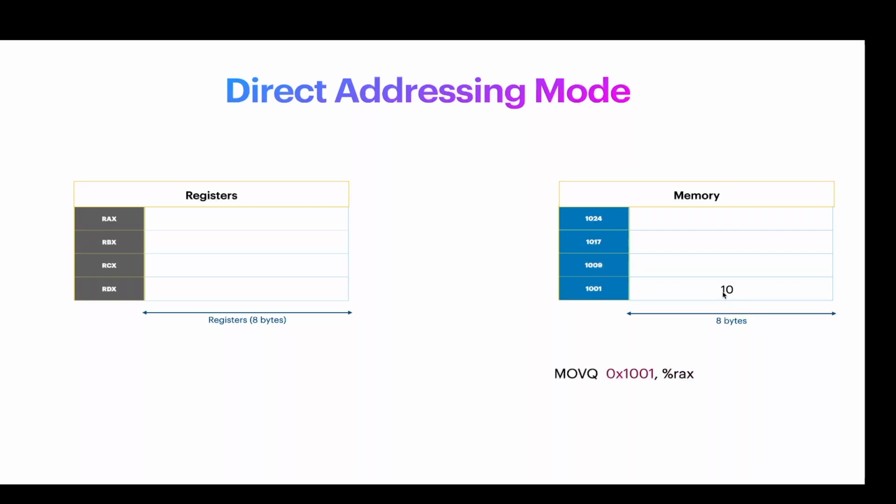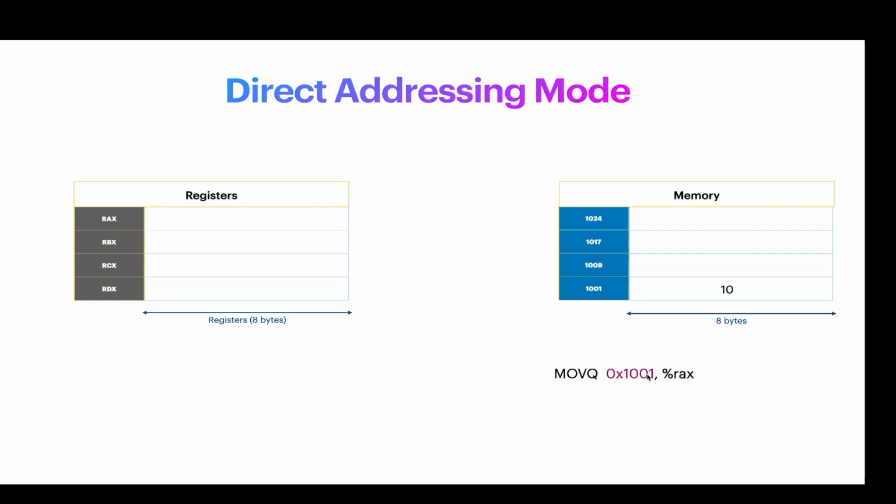In the direct addressing mode, one of the operands provides the memory address from where the CPU will have to take the data. So here, move 0x stands for hexadecimal. So it says the number 1001 is not a decimal but a hexadecimal value.